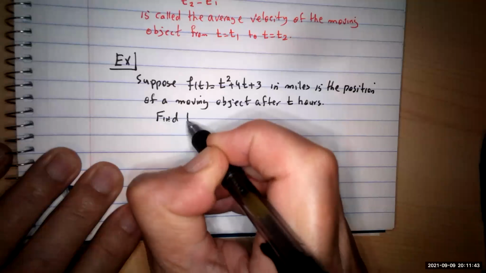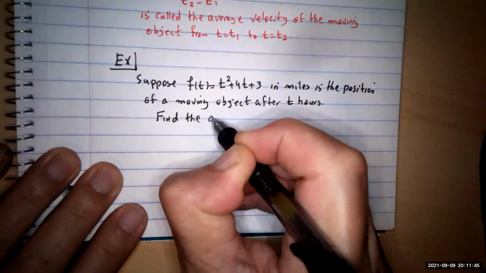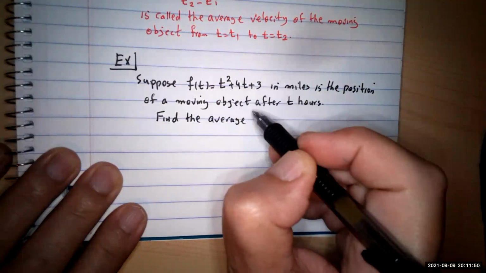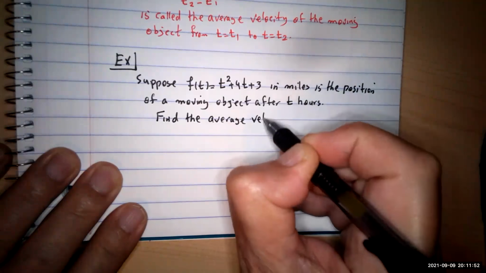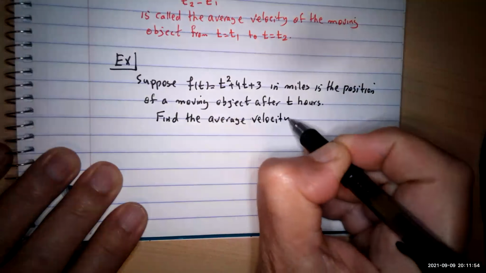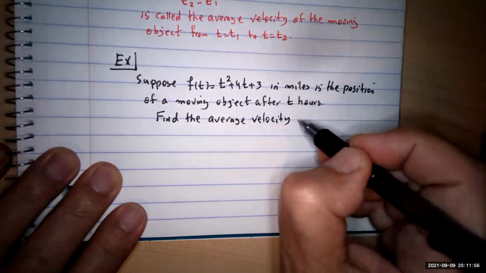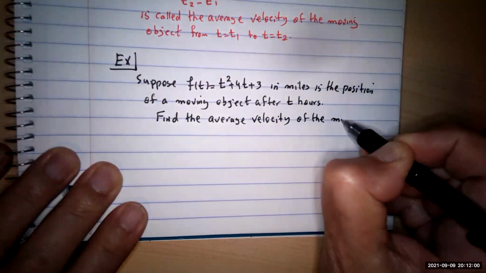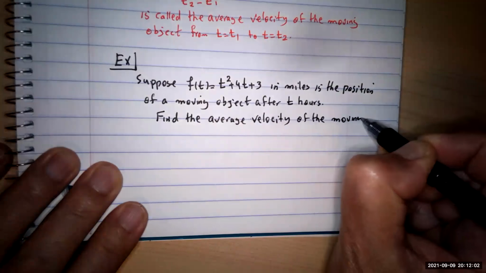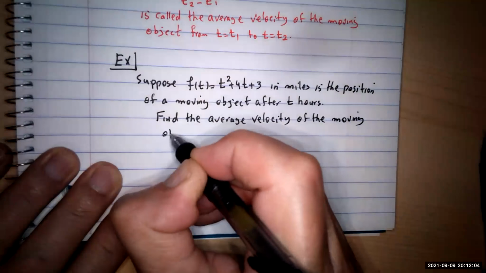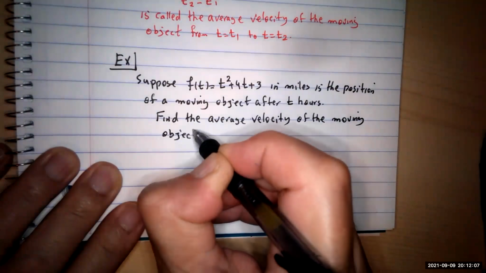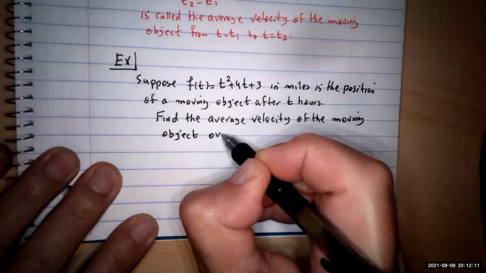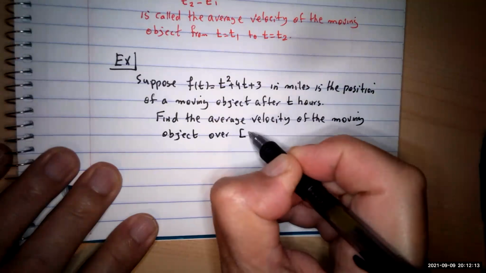Find the average velocity of the moving object over the period of 1 to 3.